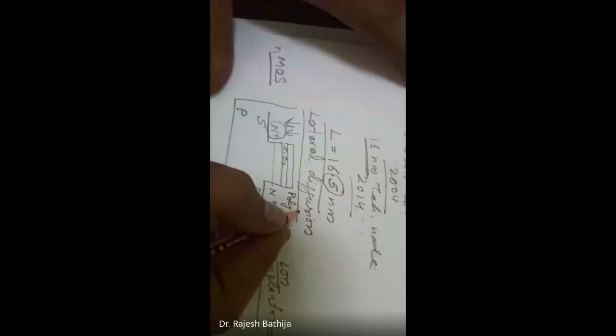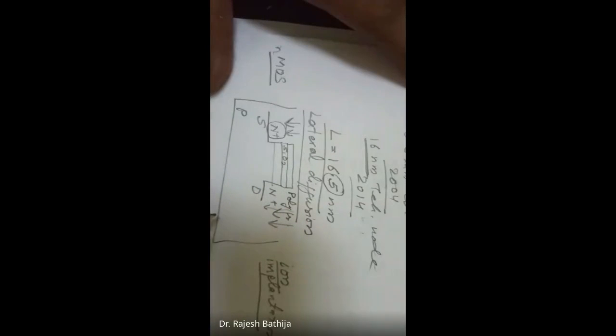Because when we build this N plus using the fabrication approach, we use ion implantation. In ion implantation, we bombard the N plus ions, that is, phosphorus ions, in this direction.